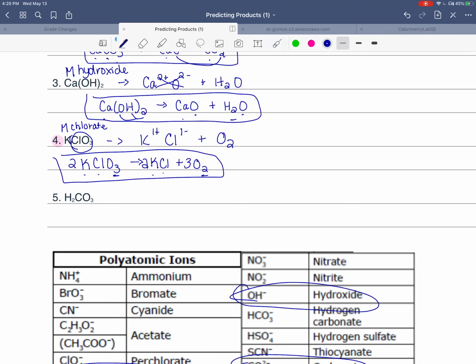Now, the last one, H2CO3. Anytime you see a molecule with H, you're going to think that it's an acid. Then it's also a carbonate because it's got the oxygen.